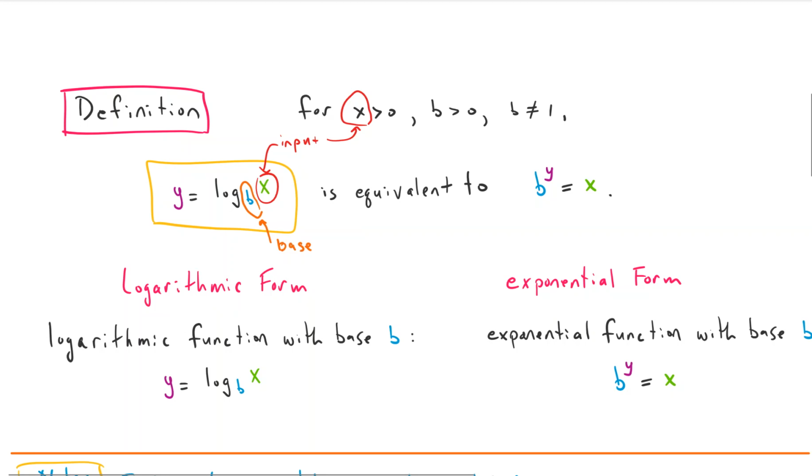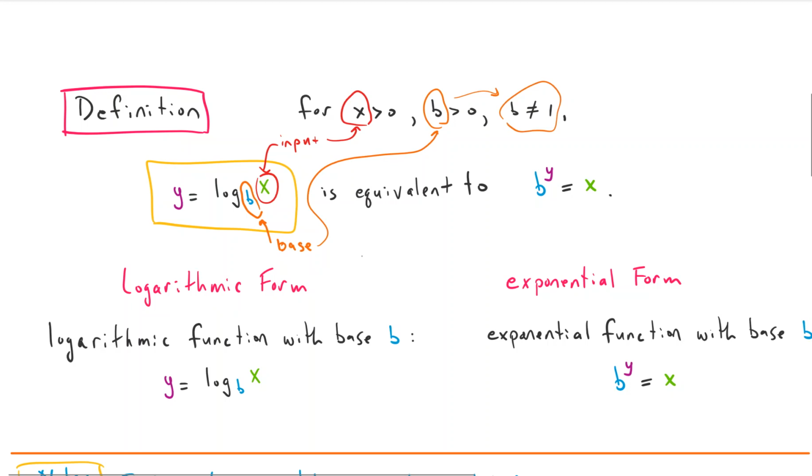Here it is just represented as a letter b. And this also has a restriction on it. It has to be larger than 0, but it cannot be equal to 1. So it can be between 0 and 1, and it can be greater than 1, and that's it.